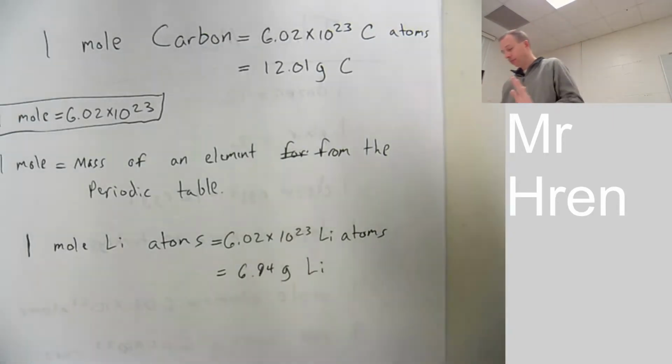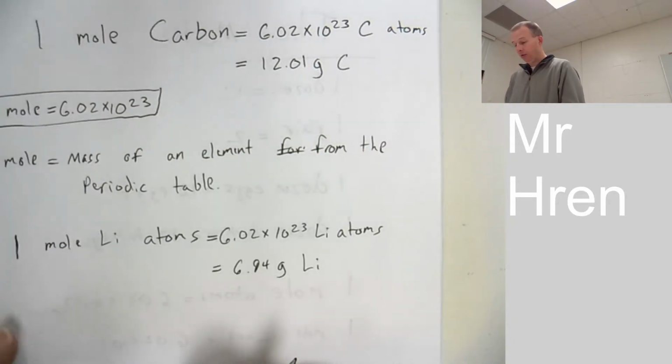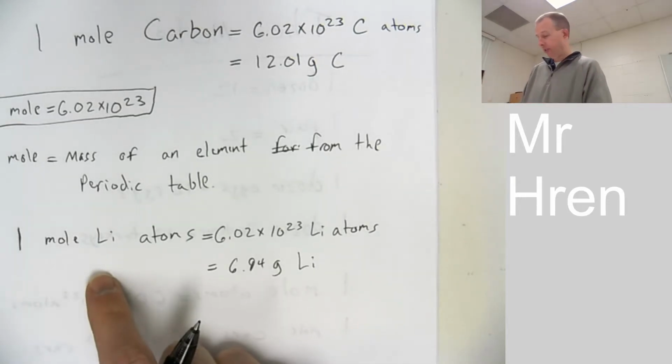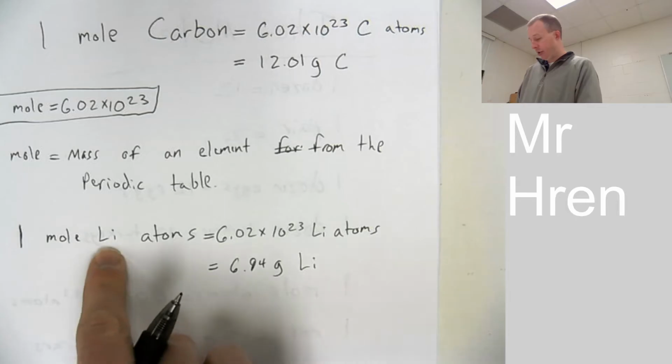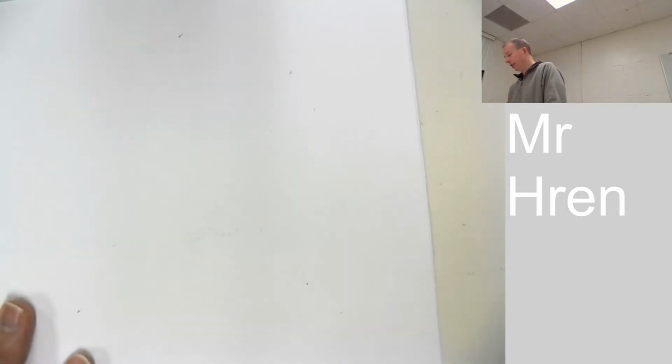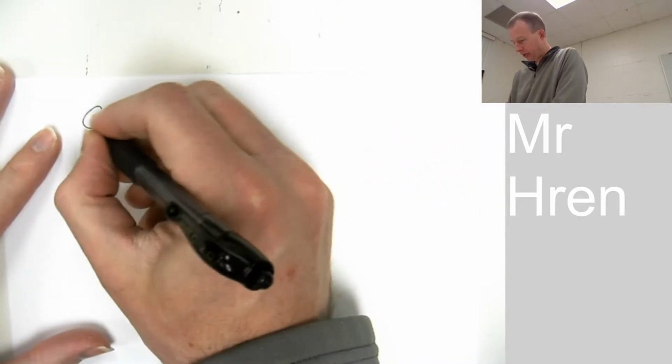Now, what do we do though if we have a compound? This is where we're going to get to the part where you'll be doing stuff. So what if we have, instead of just lithium, something like CH4, so methane?